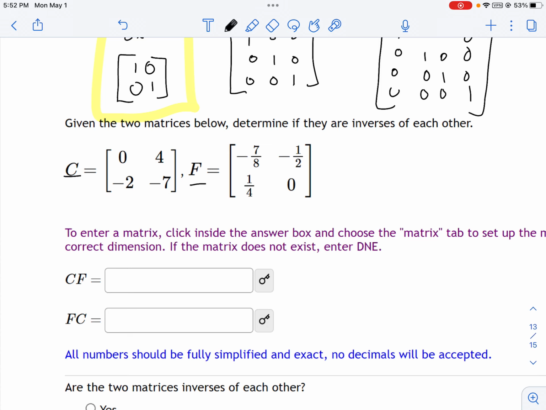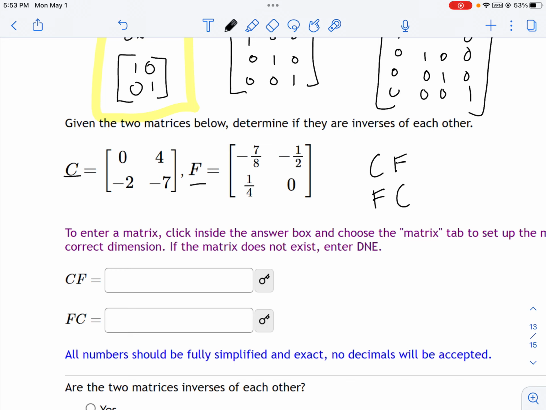Now, because matrices are not commutative, multiplying C times F may not be the same thing as F times C. So we have to make sure that we get the identity matrix both directions through the multiplication. If it fails at least once, it's not going to be the identity matrix, and you know that they're not inverses right then and there.